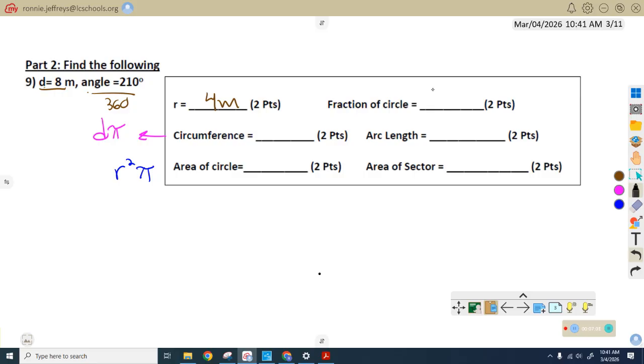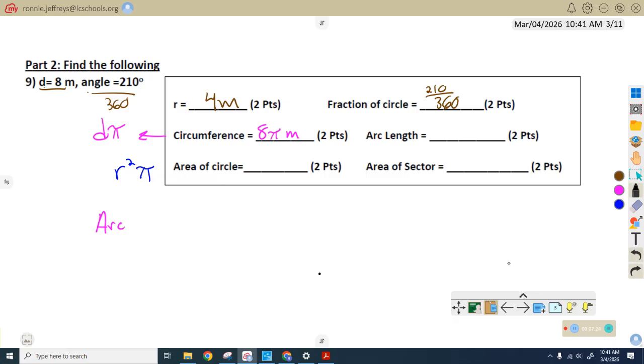That's basically the fraction of the circle. I'm not even requiring that you reduce it. Circumference is the diameter times pi, so 8 pi meters. That's it. That's your arc length.